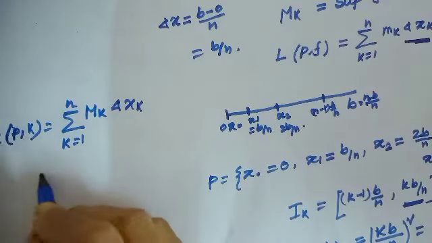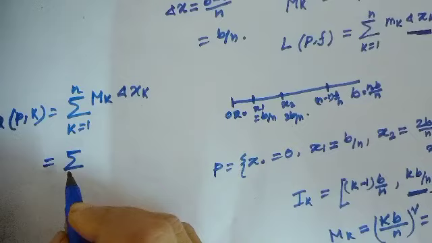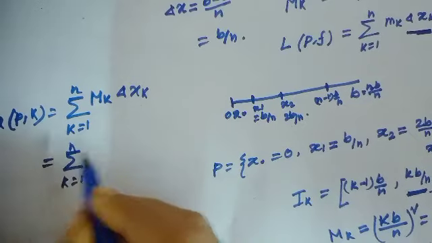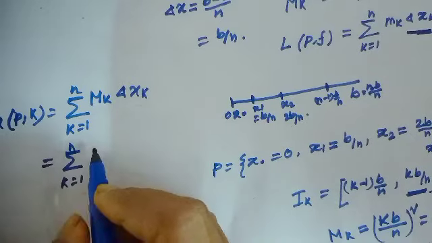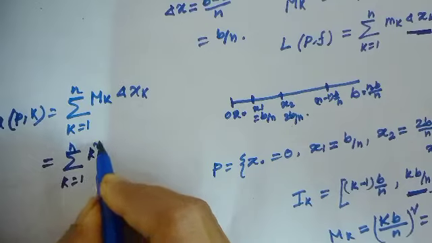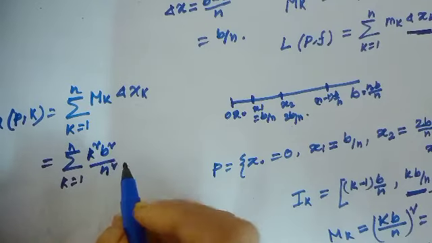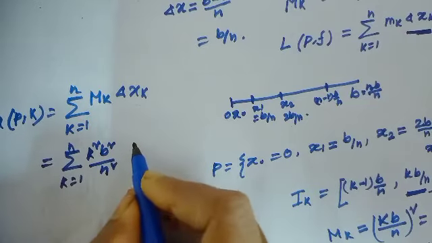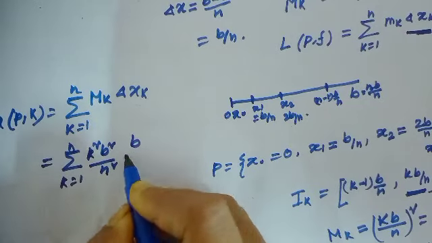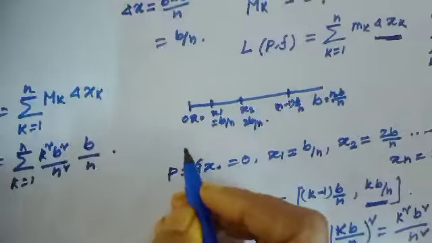Just put the value. This would be summation k equal to 1 to n; capital Mk means here k square b square over n square, and delta xk means b over n.